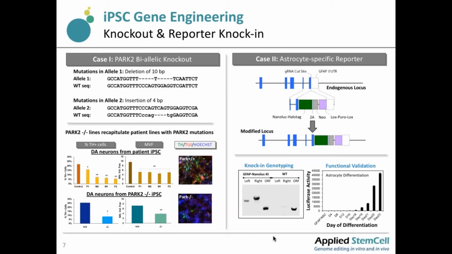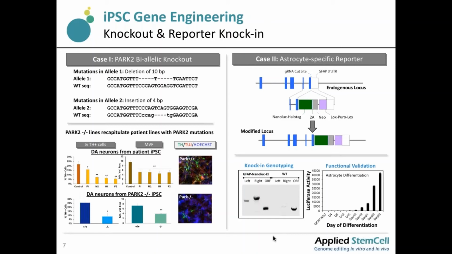And then the characterization indicates that when this particular gene is knocked out, it affects dopaminergic neurons, and we can see that the expression of some of the markers in DA neurons has dramatically decreased or disappeared.